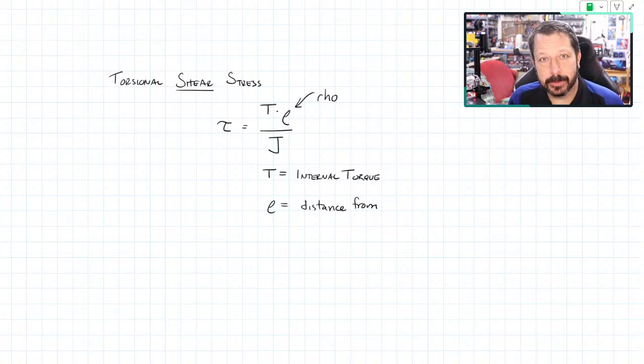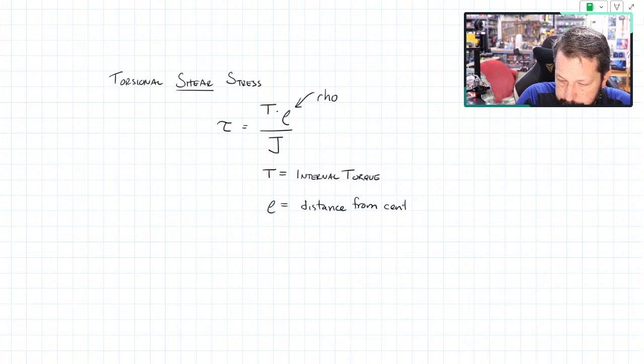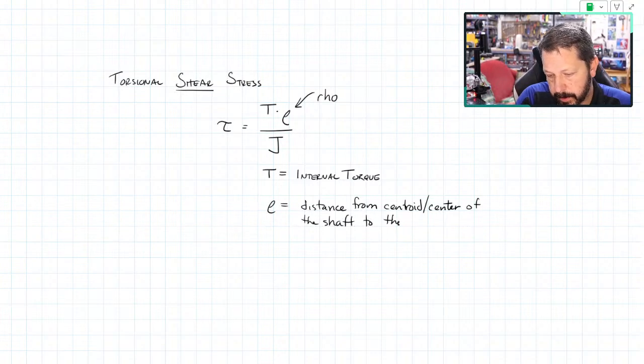So these are all circles, so the centroid and center are the same thing. We'll put center of the shaft to the point of interest.